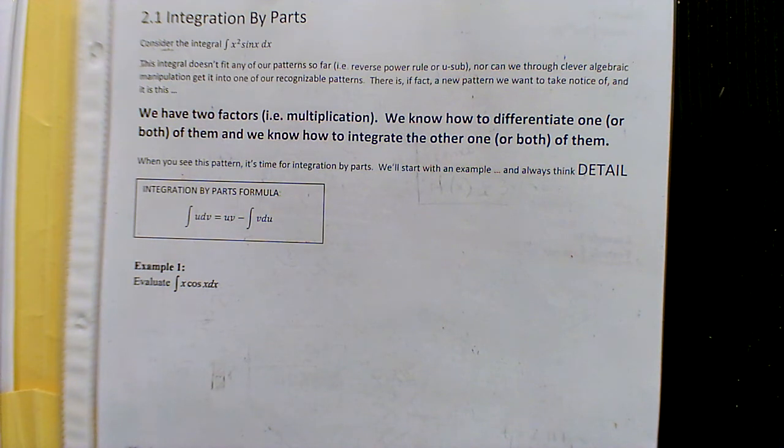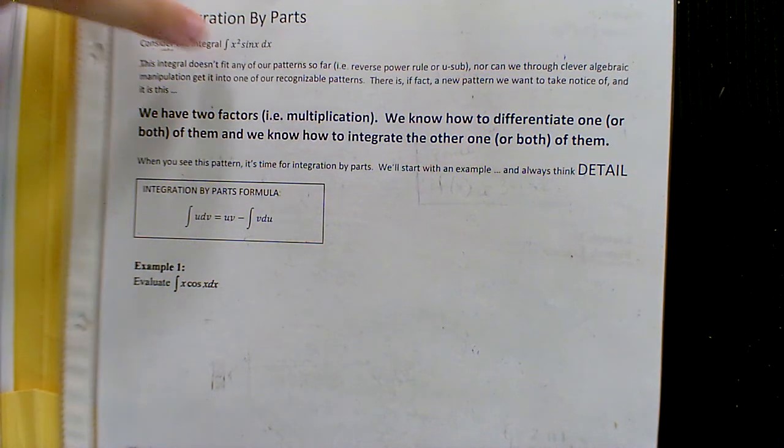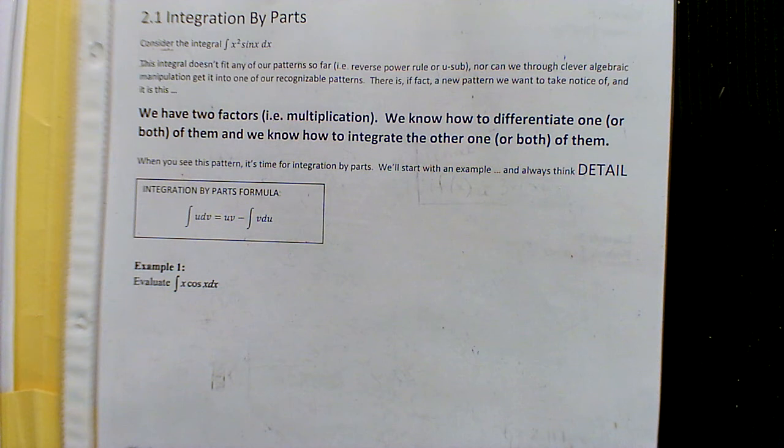If it was just sine of x, we could use a trig antiderivative to help us with that. But we have both of them together being multiplied. So it doesn't fit the reverse power rule, it doesn't fit U sub. How can we still work backwards from it? So we're going to talk about how we can work backwards from multiplication.